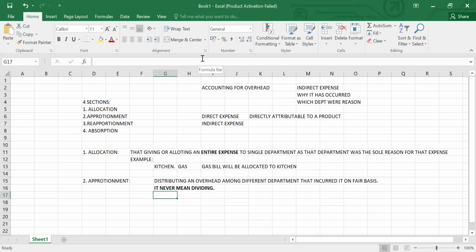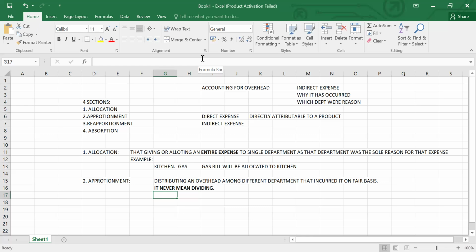But in general circumstances, or in the majority of cases, apportionment is not just having a cost and dividing it by two or three departments. No, it's not about that. There can be a case like that, though. There might be two departments equally dividing the electricity bill.